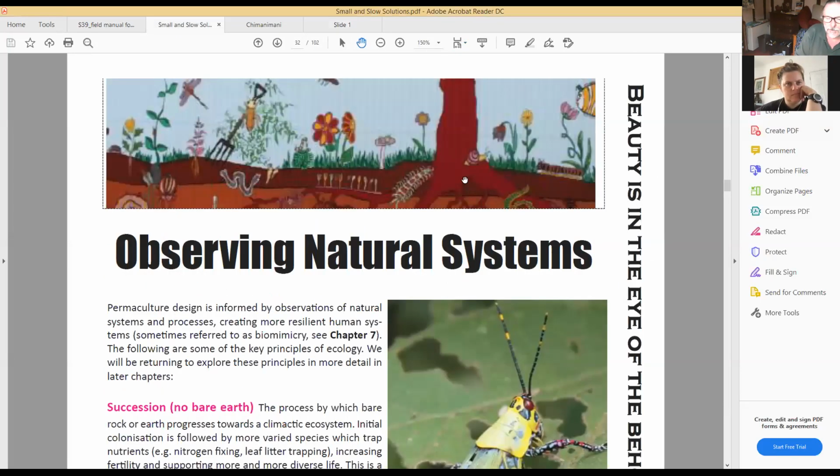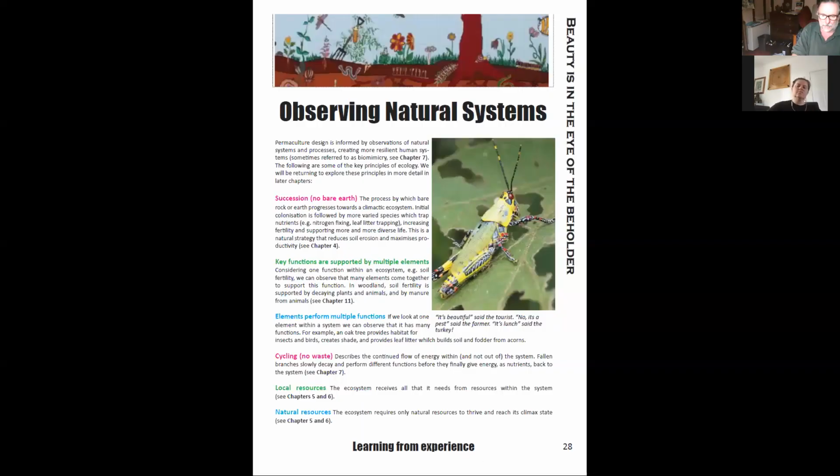If we just go back to small and slow solutions. On page 28, I've summarized these things as well. So just again, save your notes. Beauty is in the eye of the beholder.